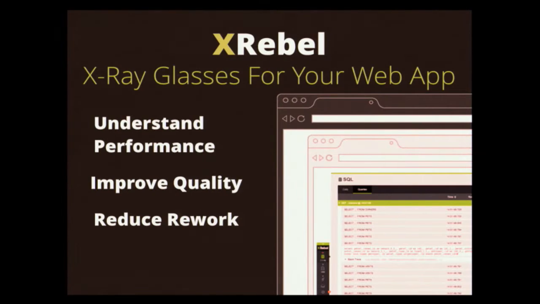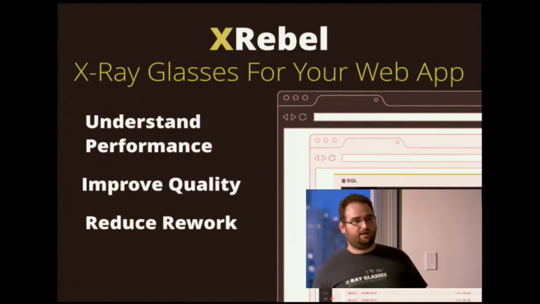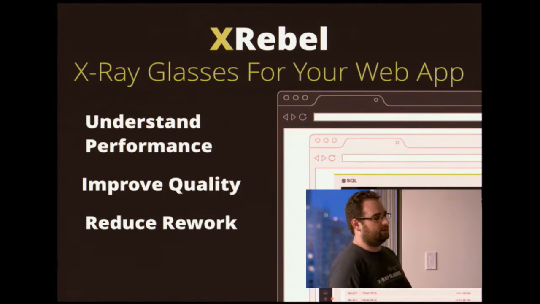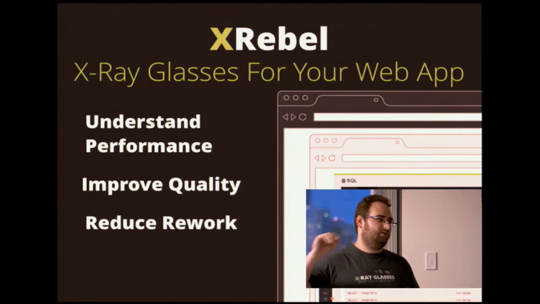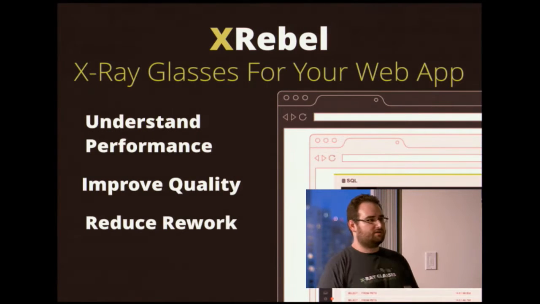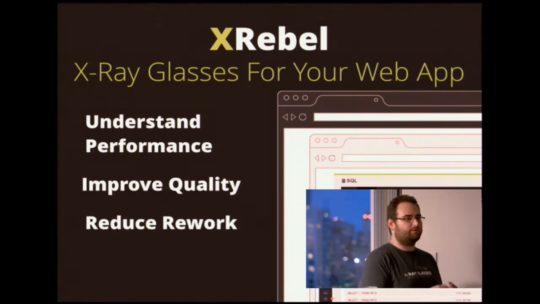XRebel is X-ray glasses for your web app. What that means is that it gives you the ability, from the most junior developer to the most senior JVM tuning architect, to understand the performance of your application, improve the quality of your application, and reduce rework.